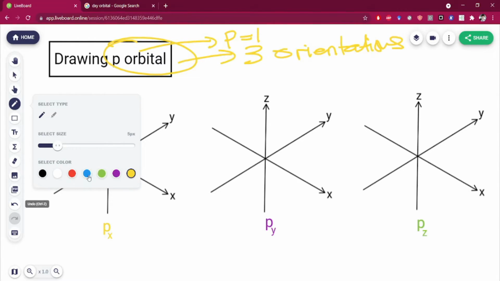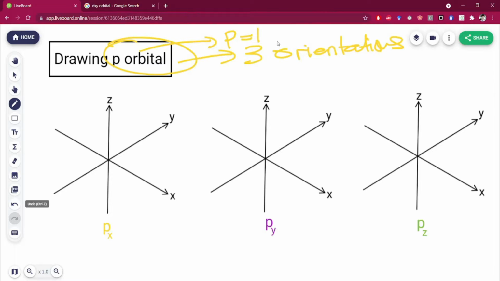So when you have l equals 1, the m value would be -1, 0, plus 1. So this is why you have 1, 2, 3 orientations. The angular momentum quantum number is 1, so the m value is -1, 0, plus 1. That's why you have three orientations.